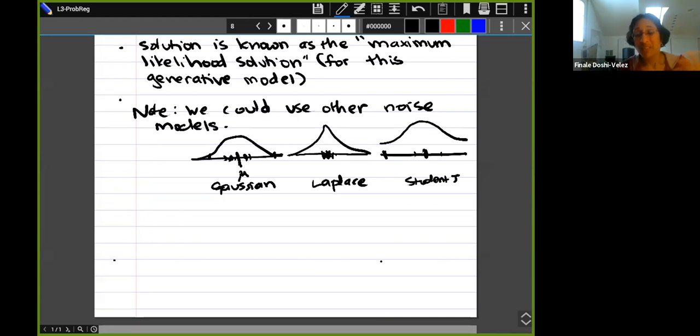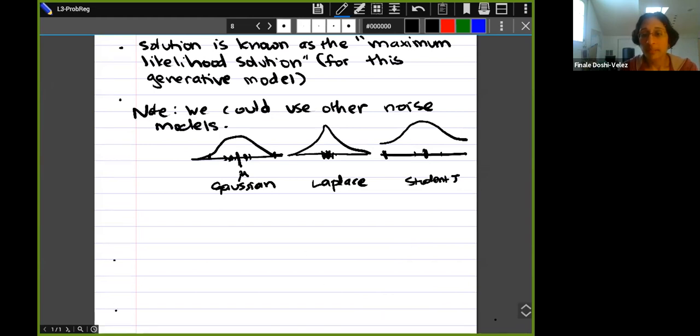Then you have to decide: do I go to something more complicated and risk non-identifiabilities or challenges in optimization, or do I stick with something simpler that I can optimize all the way? That's a tricky question, and we'll get to some of that when we talk about model selection. Any other questions?